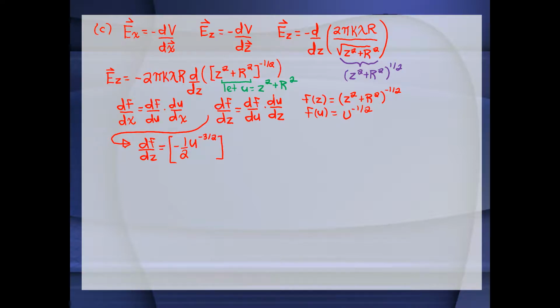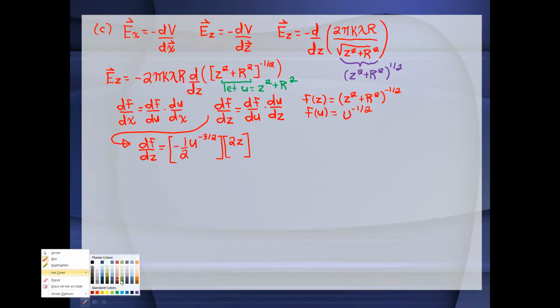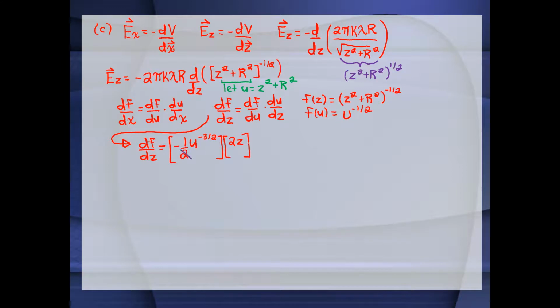And then du dz, okay, so the derivative of u with respect to z would be just 2z. So you'd use the power rule on the z squared, bring the 2 down, subtract 1. And r squared is a constant, so you don't do anything to it. So it would just be 2 times z. Okay, so a couple things cancel here. There's 2 in the bottom. There's 2 on the top. It goes away.